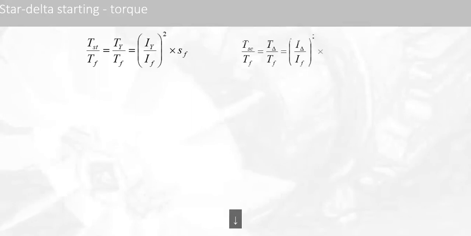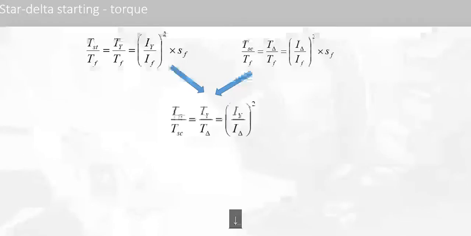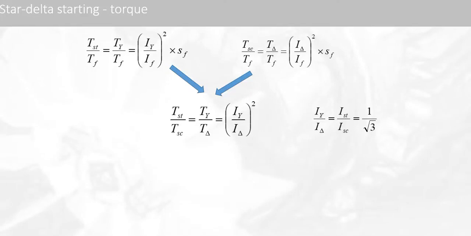Automatically the torque is given by the corresponding formula. Here we substitute all those things. So just follow the same notation. The torque is reduced to around 1 by 3 times of the rated torque. Okay, so now you substitute the values of starting current divided by short circuit current, which is equal to 1 by root 3, in the corresponding equation.